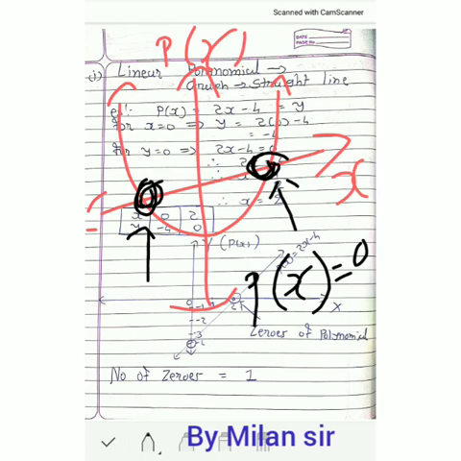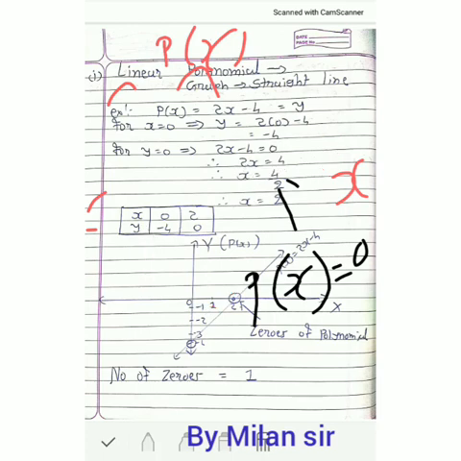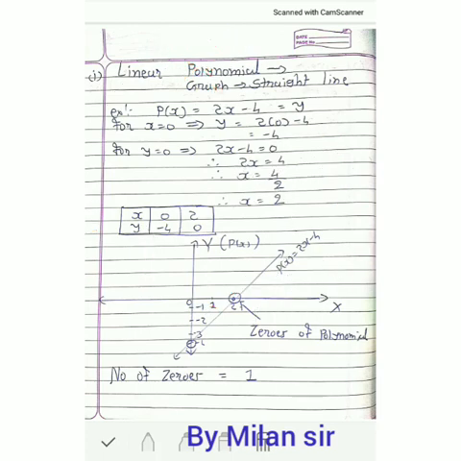So how many values can you find here? It is 2. So your number of zeros is equal to 2. Two values you can find for which your p of x becomes 0. That's why your number of zeros is equal to 2. But in a straight line, means in a linear polynomial, a straight line always touches the x-axis at one point only.